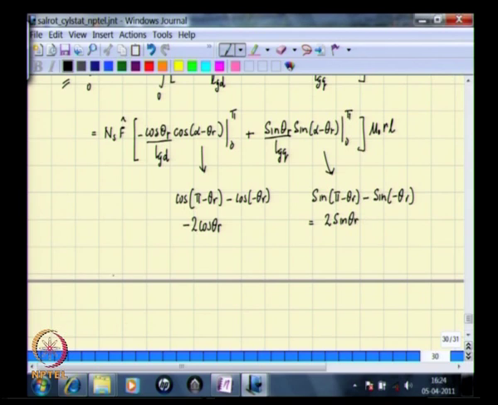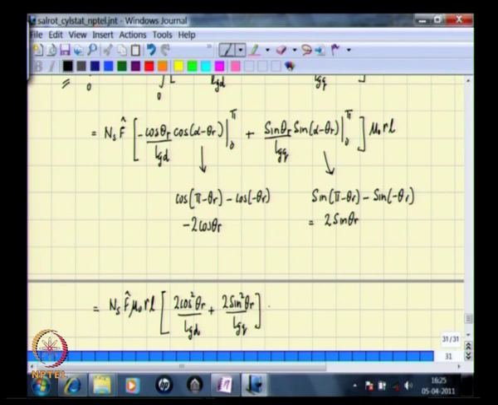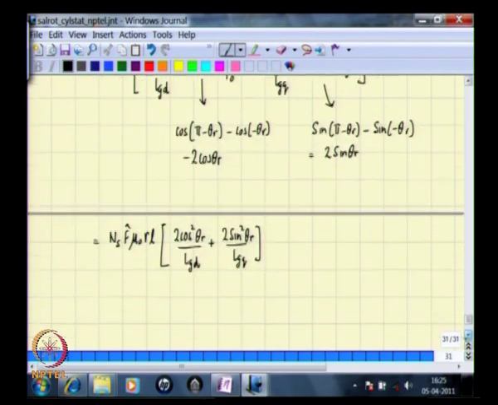So, substituting these expressions, what we get is ns into f hat into mu naught r into L multiplied by 2 cos square theta r divided by L g d plus 2 sin square theta r divided by L g q, is the expression that you have.